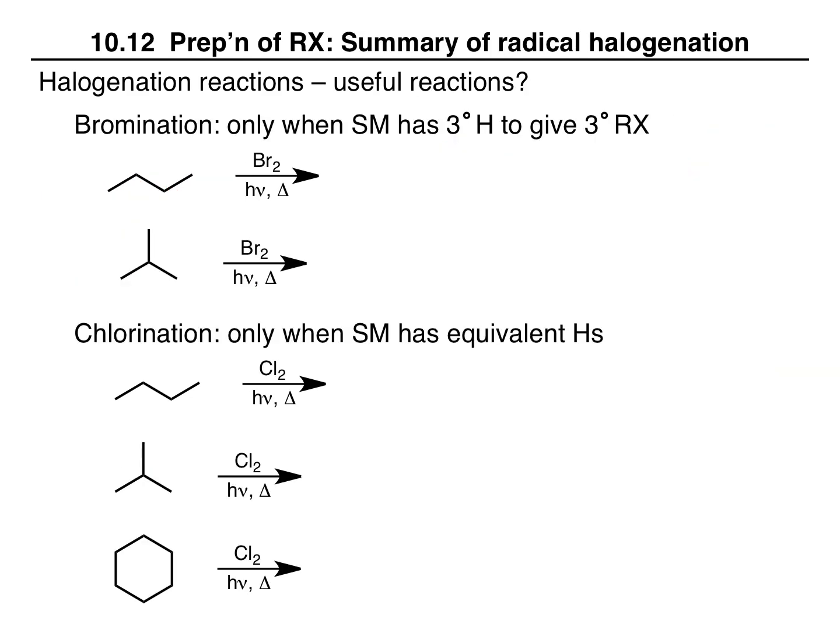So to summarize what we get with radical halogenation, are these halogenation reactions actually useful? Well, with bromination, this is only useful when the starting material has tertiary hydrogens to give a tertiary radical. So in this case, if a hydrogen atom is abstracted from here or here, we get a primary radical. Here or here, we get a secondary radical. So this is going to be very, very slow.